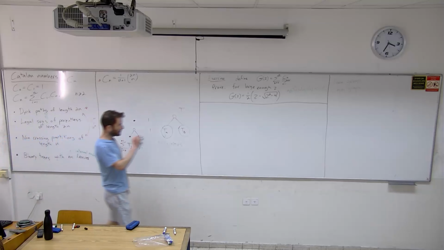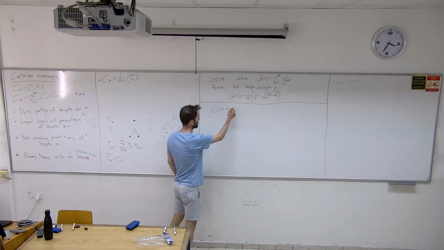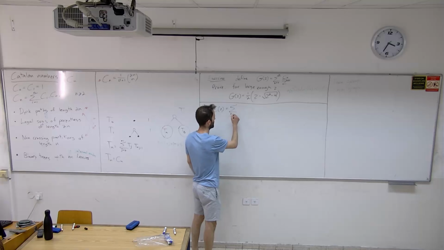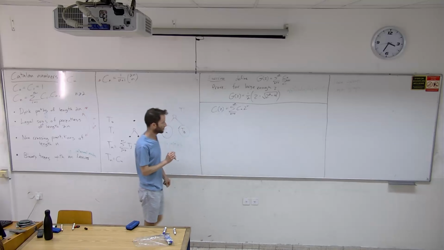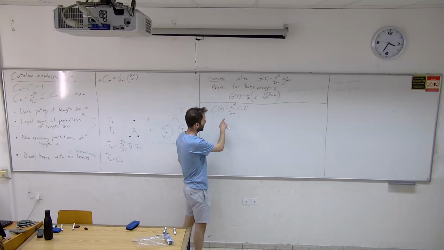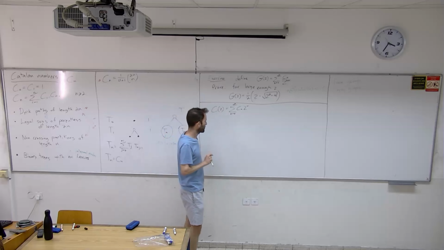Okay, so the idea for the solution is to first look at the generating function of this sequence, which I'll denote as C of z, the sum n goes from 0 to infinity of C_n z to the n. Okay, this is a generating function. We've seen generating functions before.